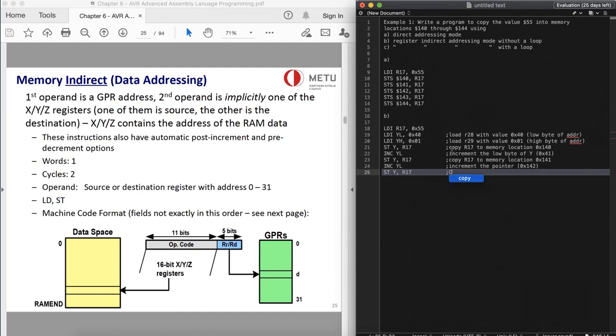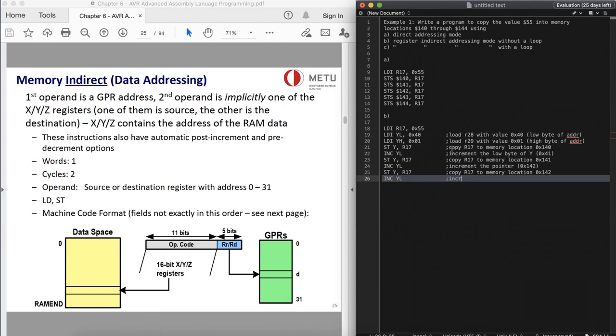So, copy R17 to memory location 0 hex 142. And then increment YL.